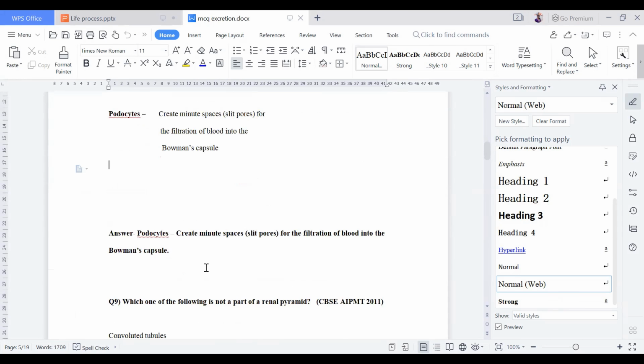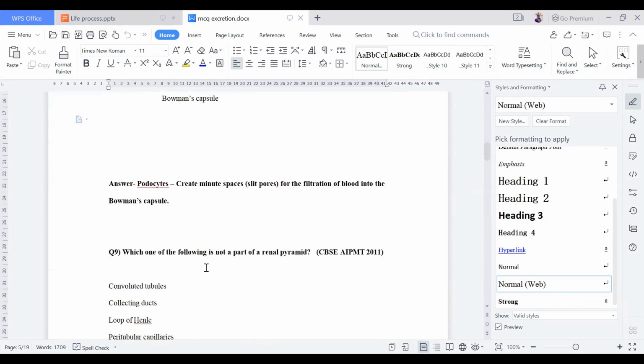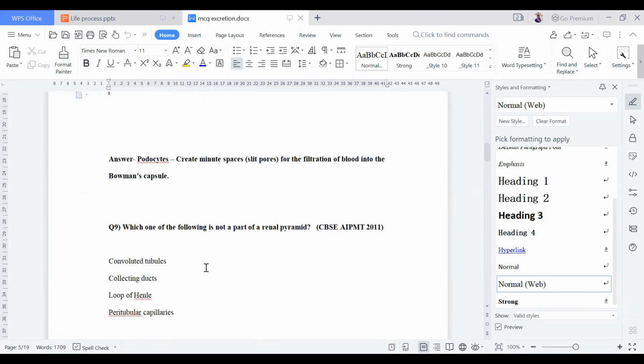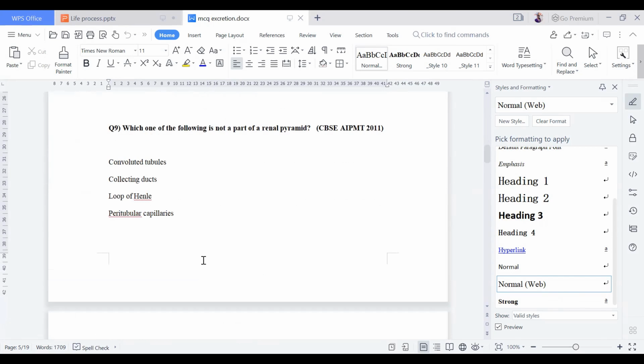Okay, next question. Which one of the following is not a part of renal pyramid? Convoluted tubule, collecting duct, loop of Henle, peritubular capillaries. Options are, sorry, these are the options. What is the answer?